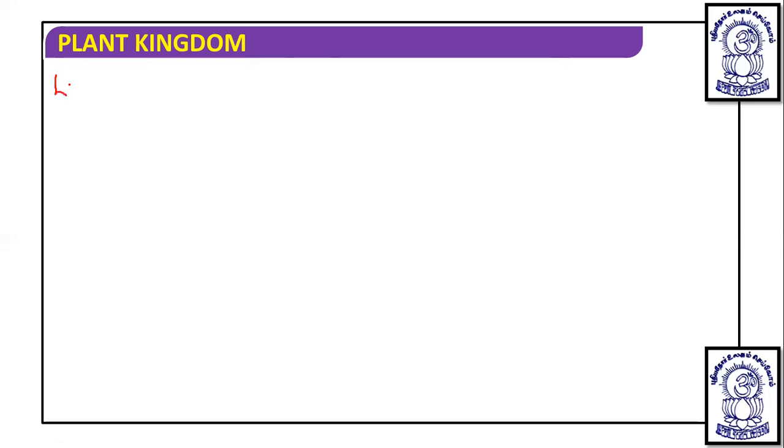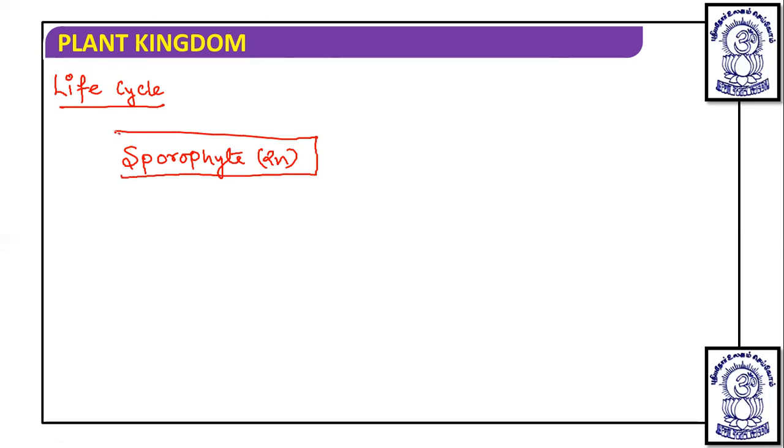Till now, we have discussed general characteristics. In the life cycle, here also, like the bryophytes, there are two stages: sporophyte, which is diploid, and gametophyte, which is haploid.